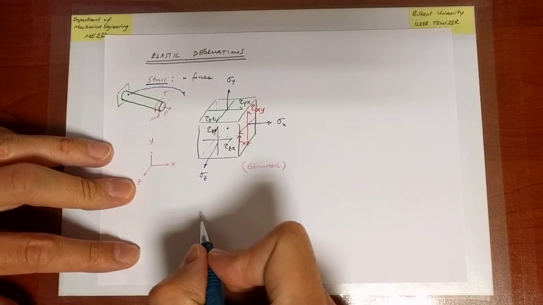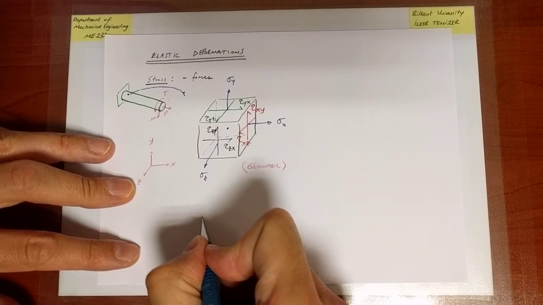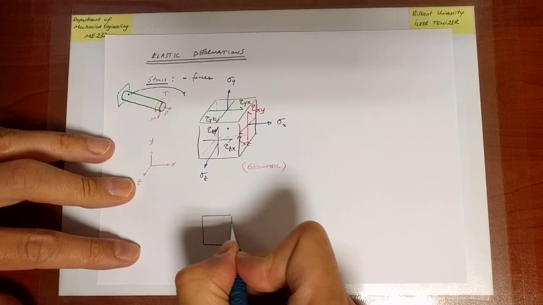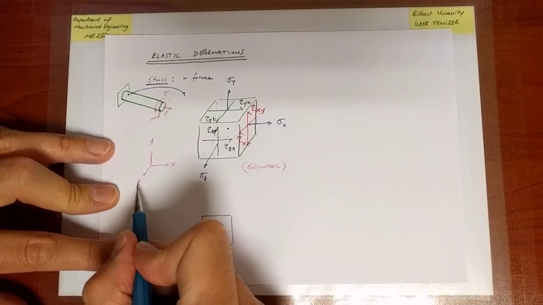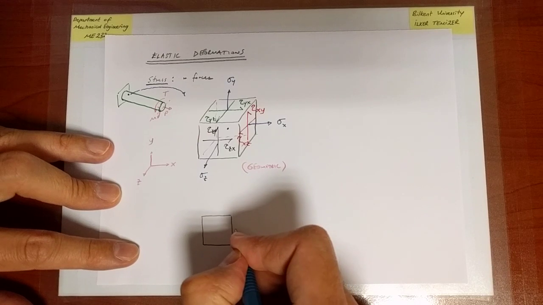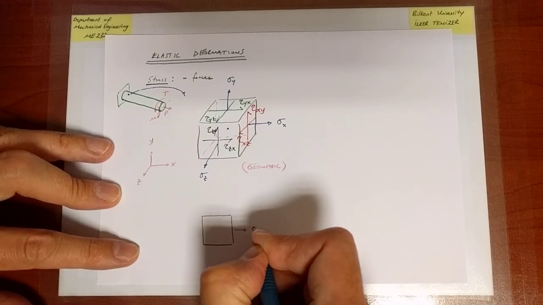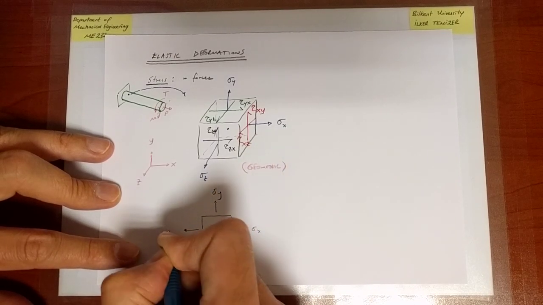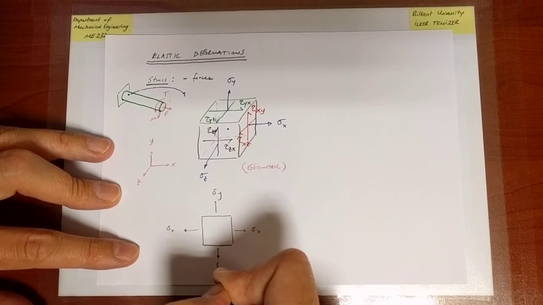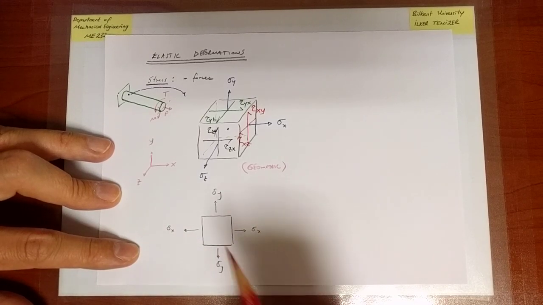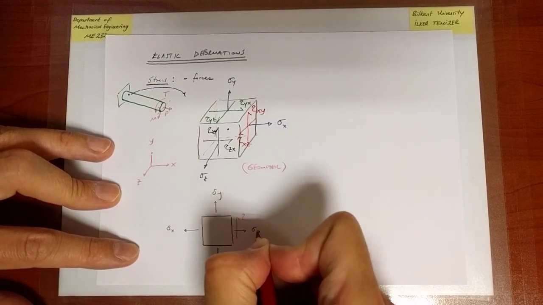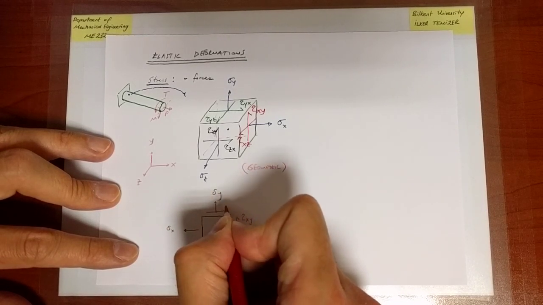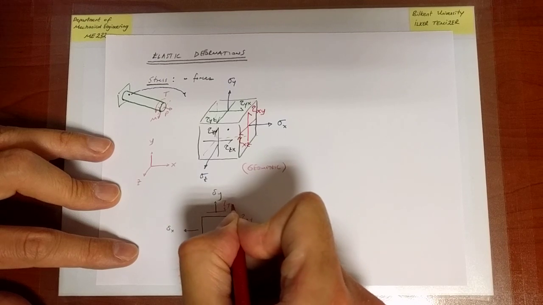So just as a way of doing that, let me do a depiction in 2D, omitting what has to do with the z direction. There will be a sigma x, there will be a sigma y, and there is a sigma x there as well, sigma y there as well, and there will be a tau on the plane with normal x in the direction y, on the plane with normal y in the direction x.